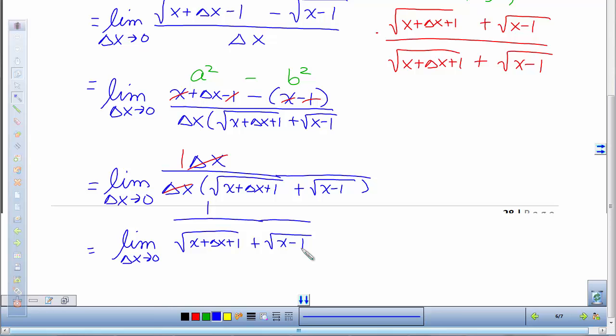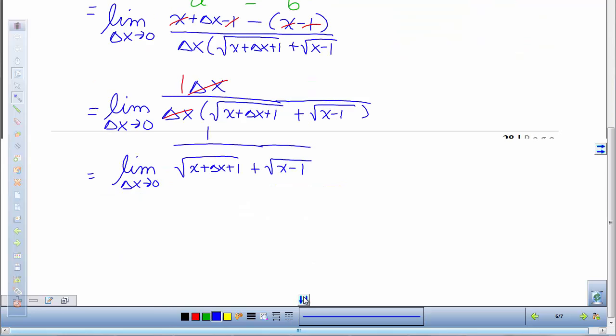And to evaluate this limit, I can plug in 0, and so we get this is equal to 1 over the square root of x plus 1 plus the square root of x minus 1.